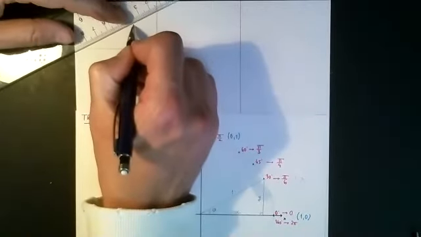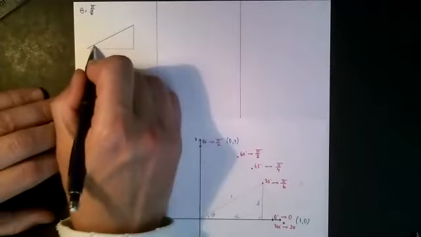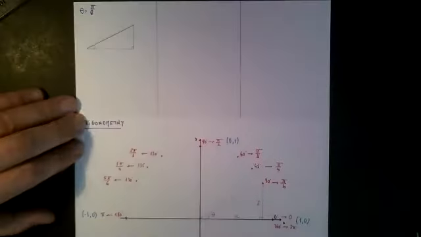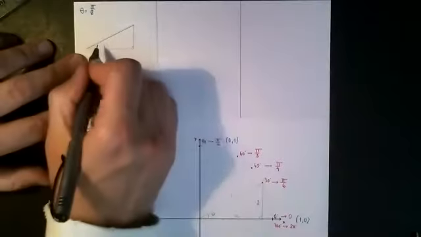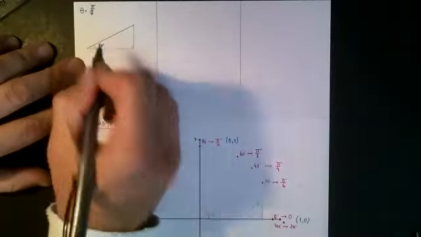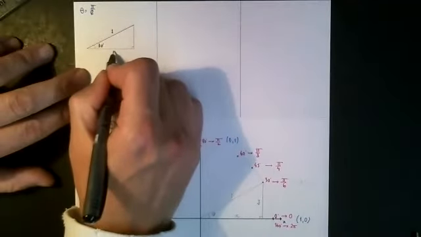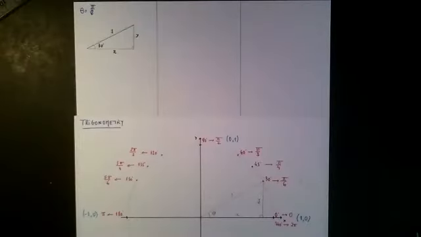And I'm going to write down the values that I know. Okay, the measurements I know. So I know that this is 90 degrees. This I know. Okay, and so I know that the angle here is 30 degrees. I know that this measures 1. I know that this measures x, and this measures y. This I know. That's all I know. Right? Question? Okay.